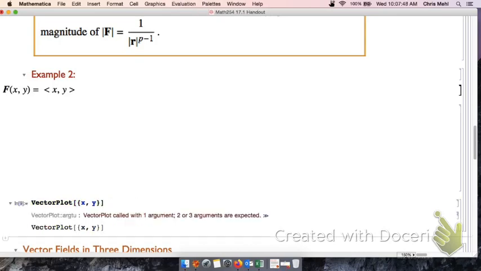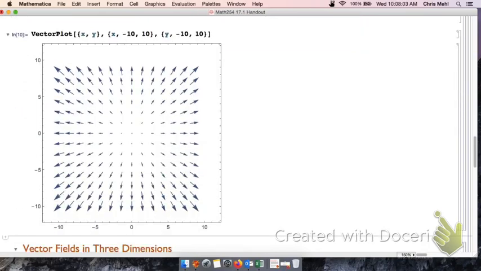Let me see what happens if I just do that. Okay, so it does want you to actually specify a range of values for x, a range of values for y. And there you go, there's a radial vector field. You can see that when you look at every vector, they're extending outward away from the origin. And hence why it's called a radial vector field.